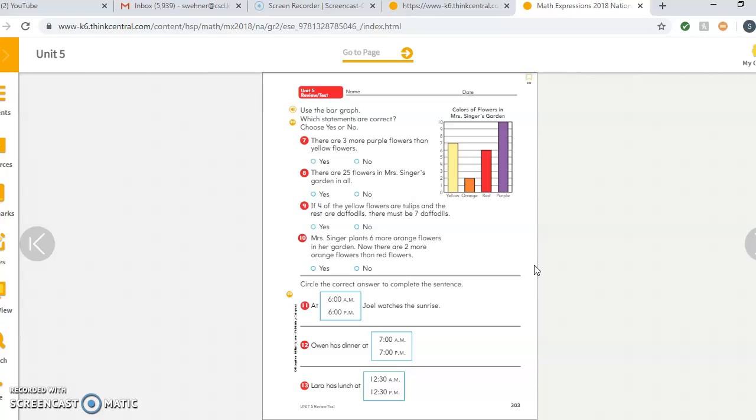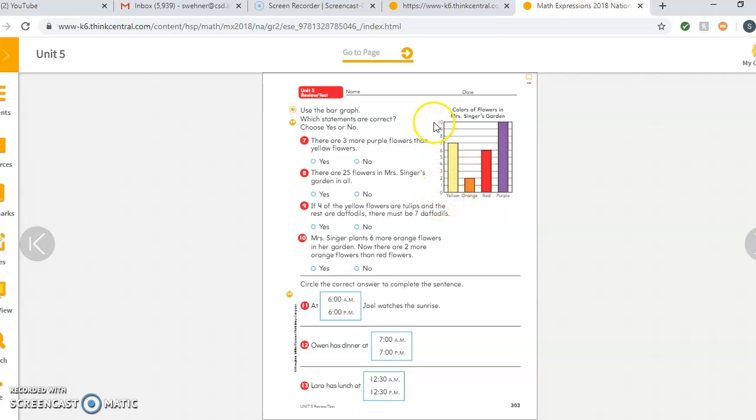All right, page 303. Use the bar graph. Which statements are correct? Choose yes or no. So we have to read this. Colors of flowers in Mrs. Singer's garden: yellow, orange, red, and purple. And then again, this is a vertical bar graph.